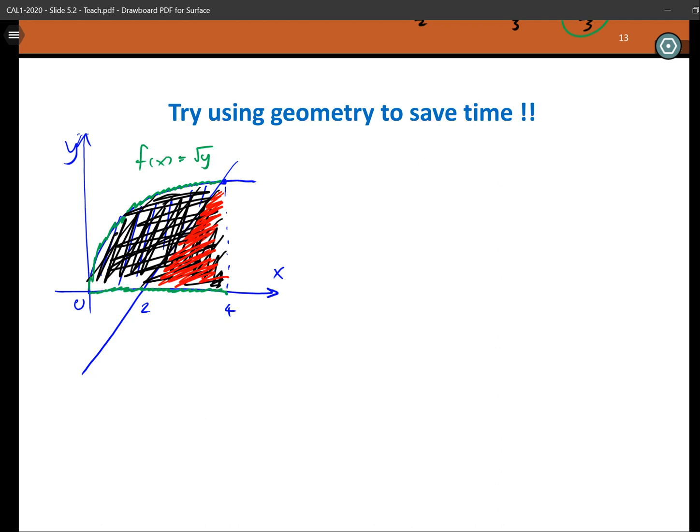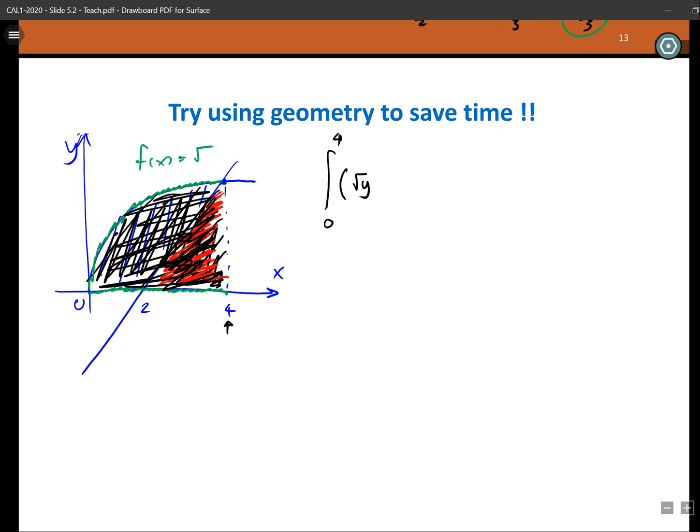So this requires one integration, but then you just use some trick on geometry to make it easier. So let's find the black area first, the whole thing. Consider everything here. This black area is going to correspond to the integration starting from x equal to 0 and ends at x equal to 4. Upper function is square root of y. Oh, sorry, it's supposed to be square root of x.